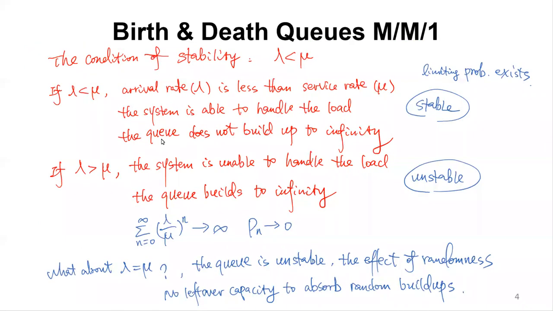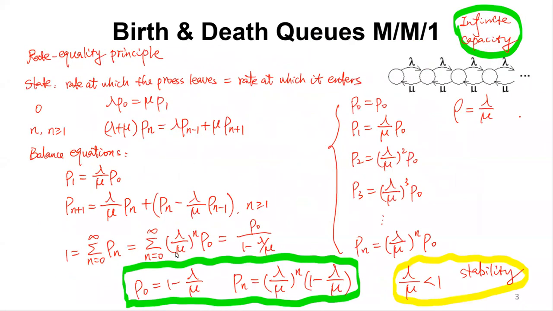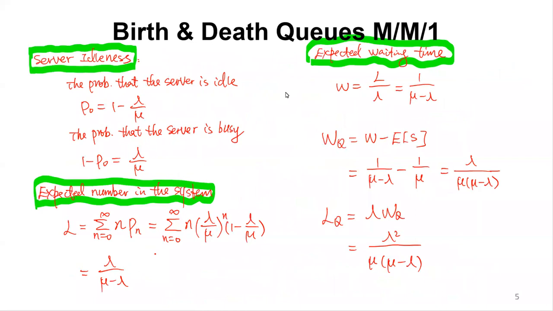So this is also one condition that this summation, this series, can converge and become 1 minus lambda over mu. Now, for the M/M/1 queue, what is the probability that a server is idle, server idleness?